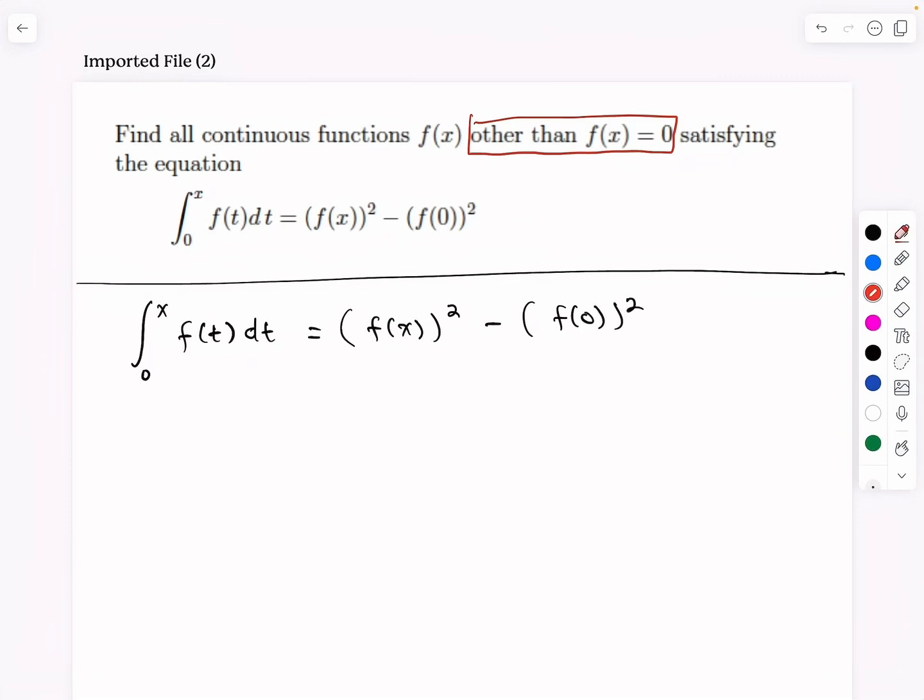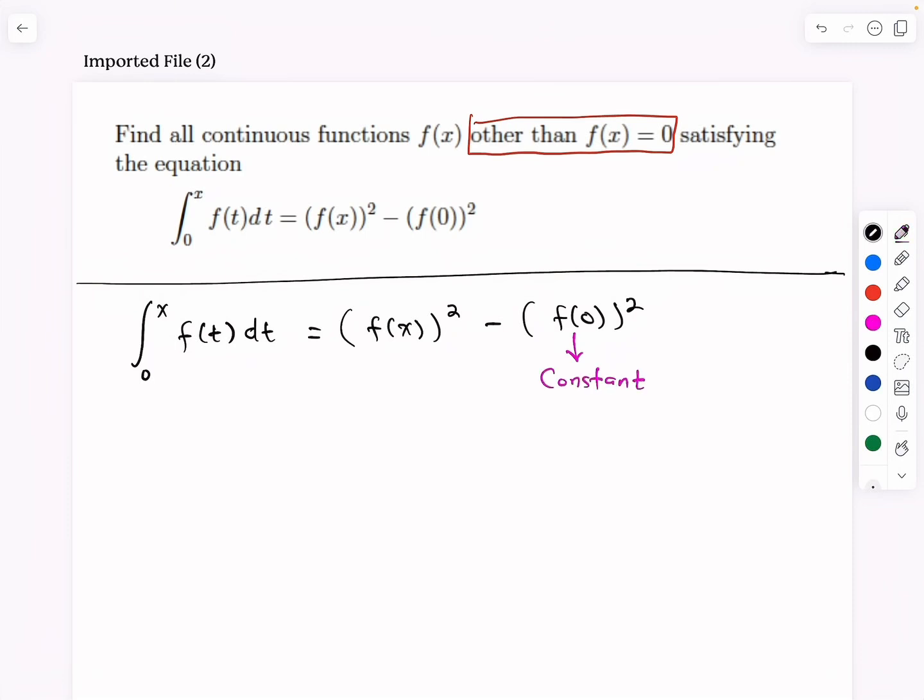The first thing I notice is that f of 0 is a constant, because the input value is 0 and the output value I get is f of 0. So at the end of the day, f of 0 is a constant.